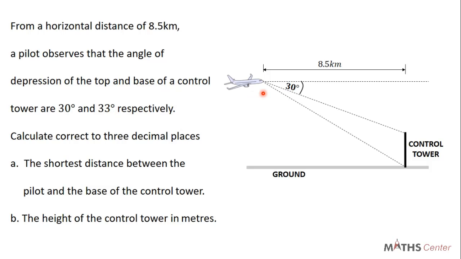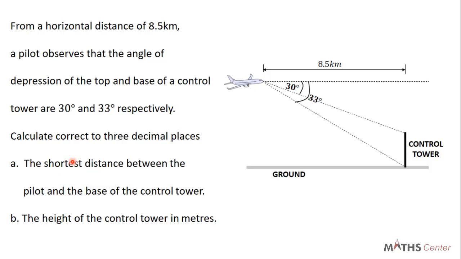So if we draw a line once again from the pilot to the base of the control tower, the downward angle from the horizontal to that line will give us 33 degrees. The distance between the pilot and the control tower is 8.5 kilometers. So we have every piece of information here on the diagram.